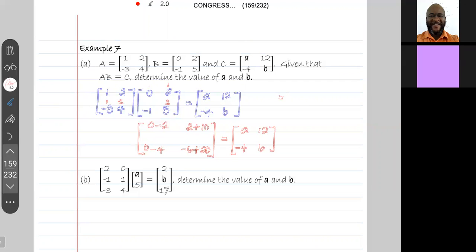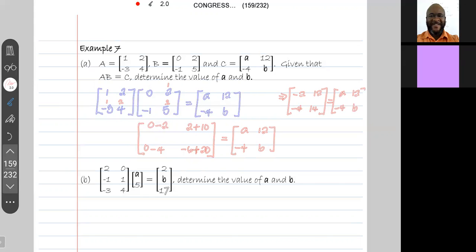So let's work out the left side. We have minus 2 here, 12 here, minus 4 here, 14 here. That's the matrix product AB, and it is equal to the matrix C, which is A, 12, minus 4B.